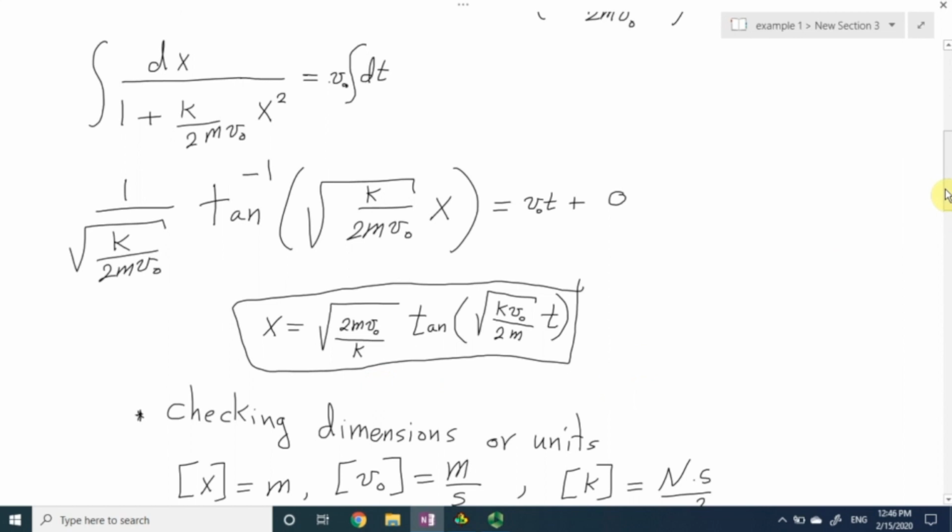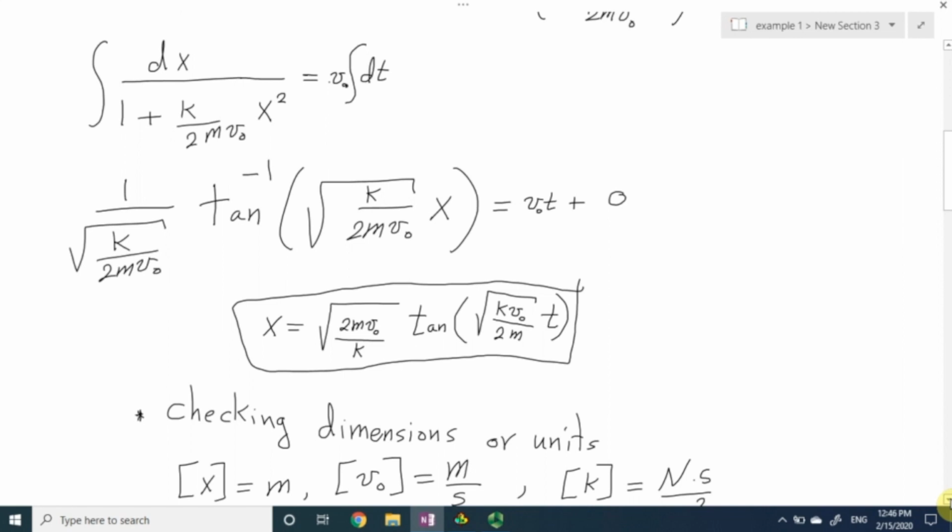Probably one of the major things I would like always to stress is, how do you make sure that your answer is perfect, correct? What if I made a mistake during this calculation, by moving some of these constants to the left, to the right, dividing and so on? What if I missed some of these constants and I got something wrong?